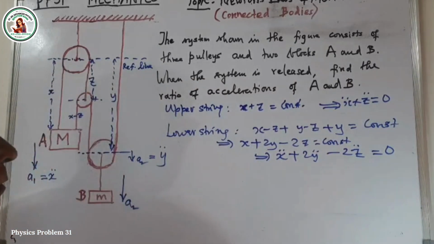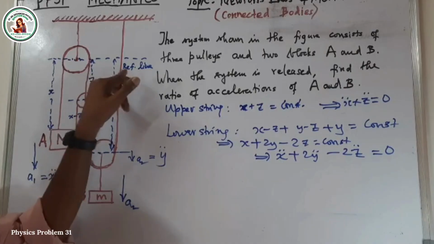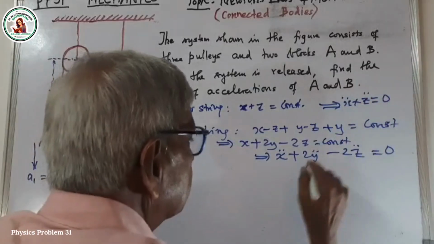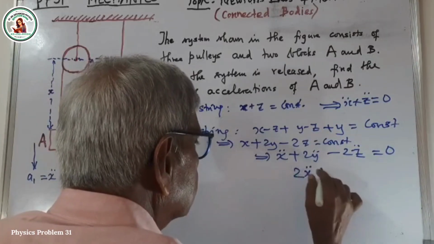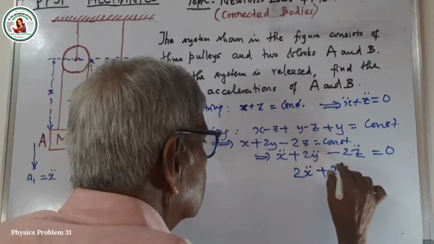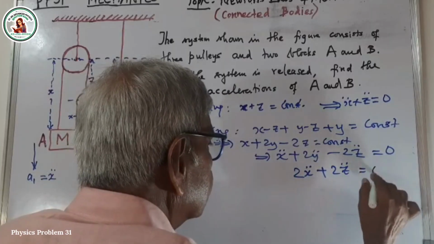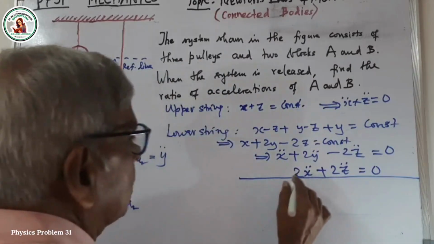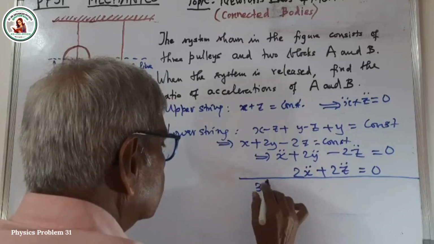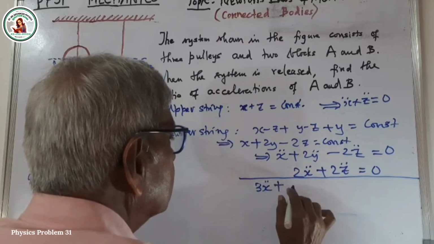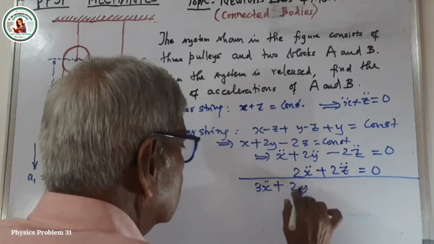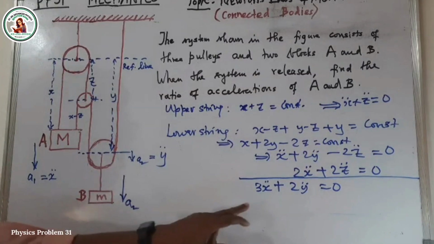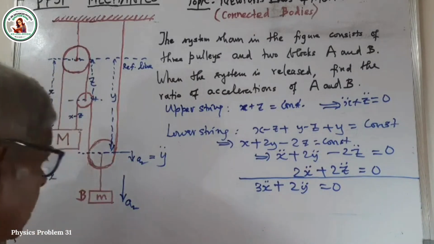From this, as I told you, we have to eliminate z, which is not required in our answer. To eliminate z, I will double the first equation: 2x double dot plus 2z double dot equal to 0. On addition of the two equations, we get 3x double dot plus 2y double dot equal to 0. Now we substitute the original symbols.